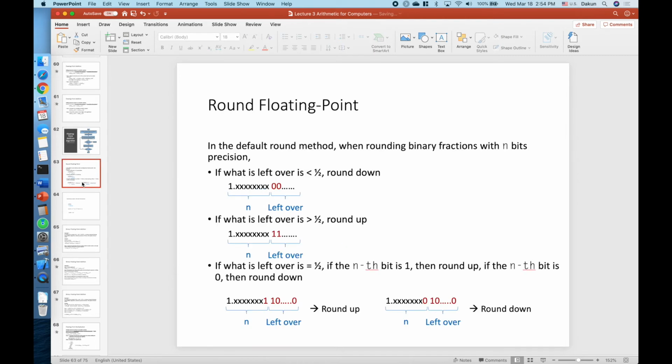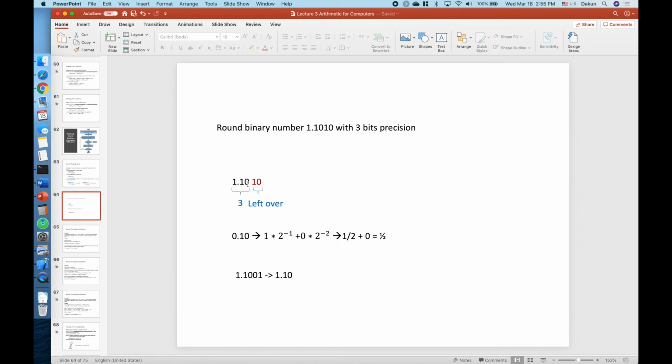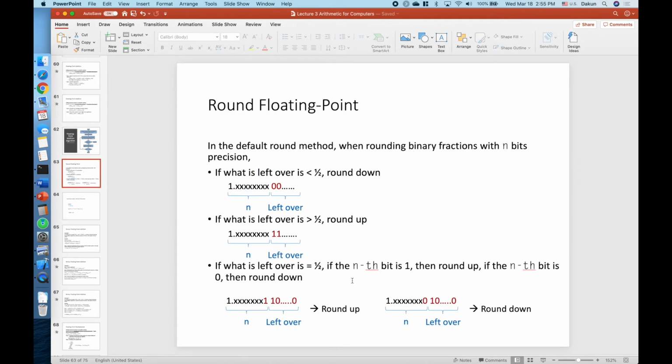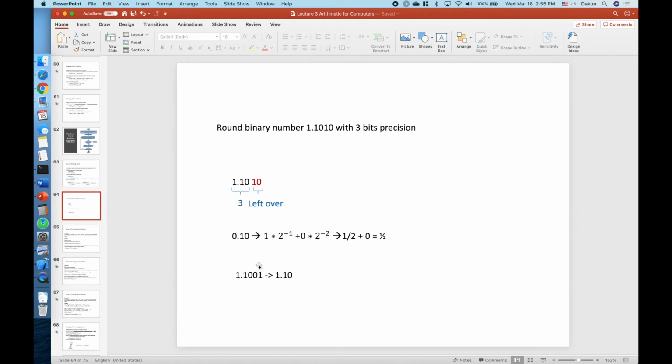Then this case fits the third case here. If what is left over is equal to 1/2, then we should check the nth bit. If the nth bit is 1, then we round up. If the nth bit is 0, we round down. The nth bit in this case is 0, so we should round down.